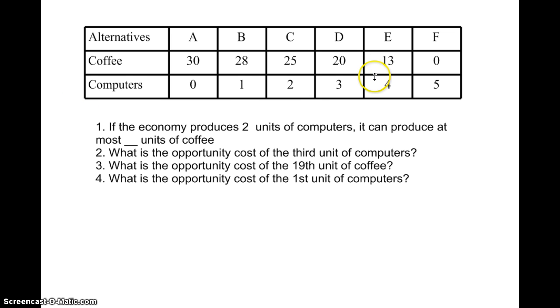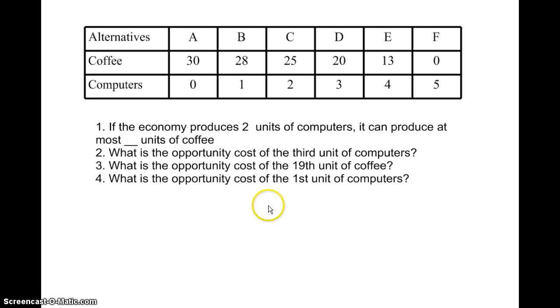So all we need to do is figure out what the change would be if we went from 13 to 20 units of coffee, and then we'll know the opportunity cost. If we give up 1 computer, we get 7 units of coffee. So any individual unit of coffee we add between E and D has an opportunity cost of 1/7.